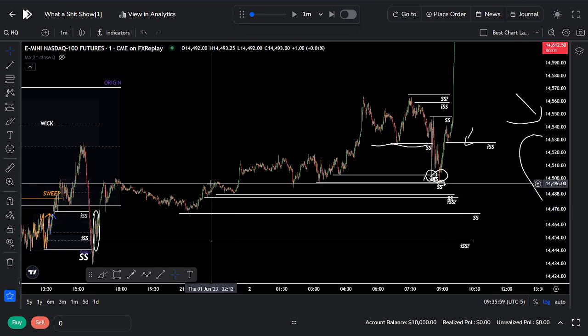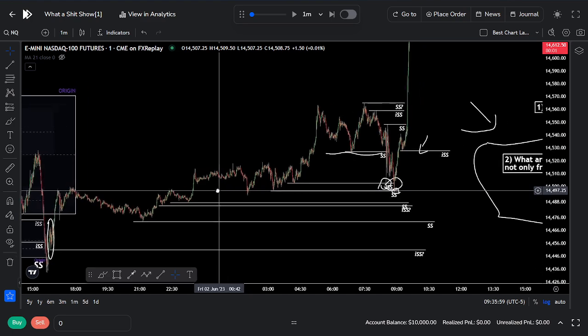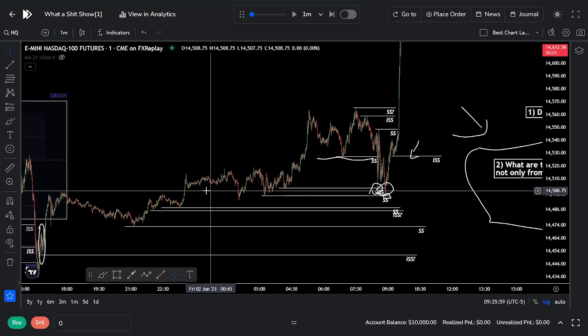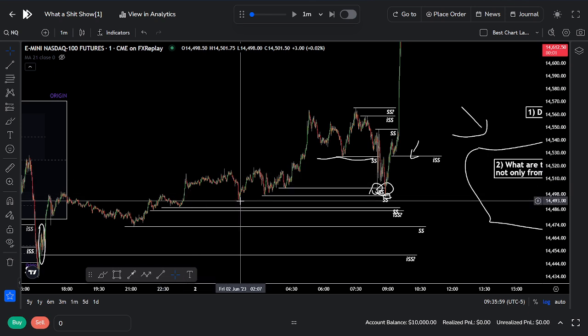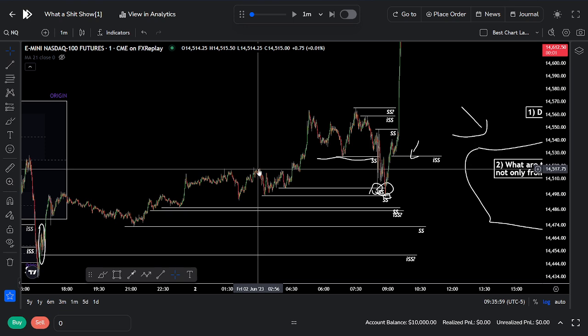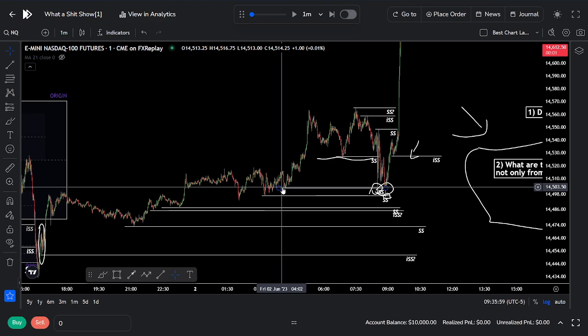We have maybe this SS level from the 15 second. You might be able to get away with calling this an SS level. And this is definitely an SS level, and this is definitely an ISS level.